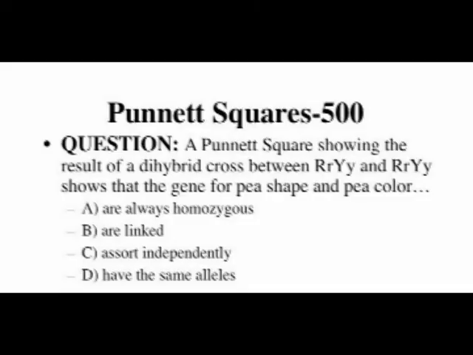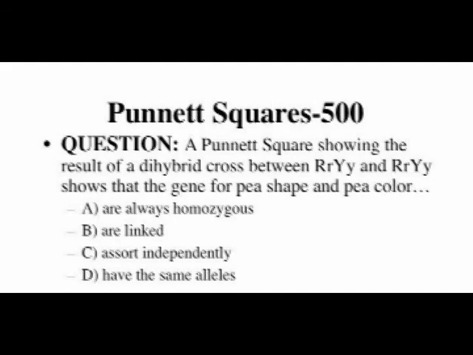For 500 points, Punnett squares, the question is, a Punnett square showing the result of a dihybrid cross, meaning two traits, dihybrid, okay, meaning they're both hybrids.